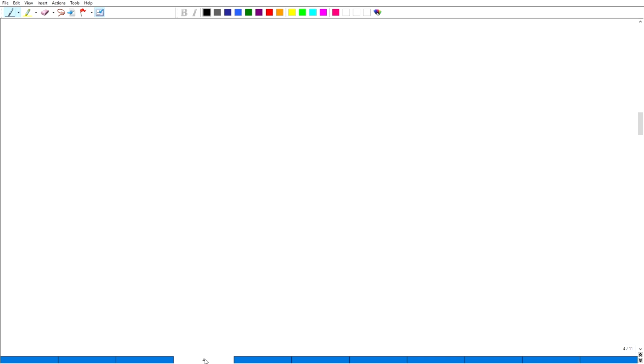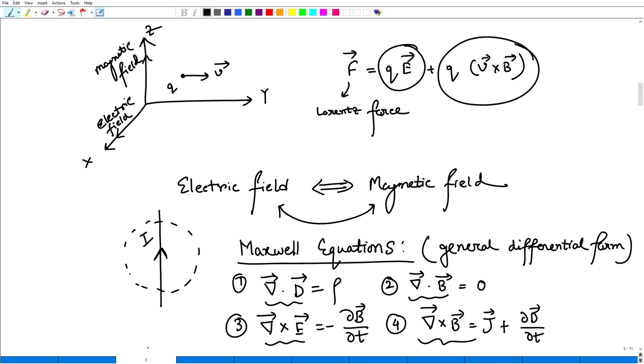Okay, here what are the things, like D. D is, okay, first rho. This rho is electric charge density.